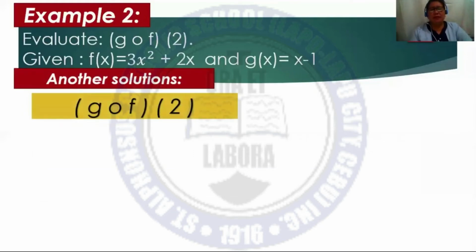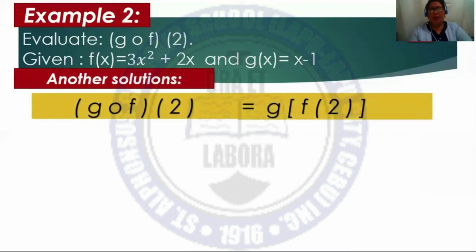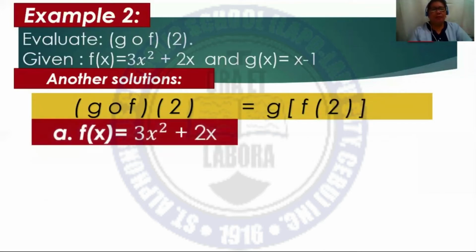g circle f of 2 can be written as g of f of 2. First solution, we have to evaluate the inner function, which is f of x. f of x is equal to 3x squared plus 2x.